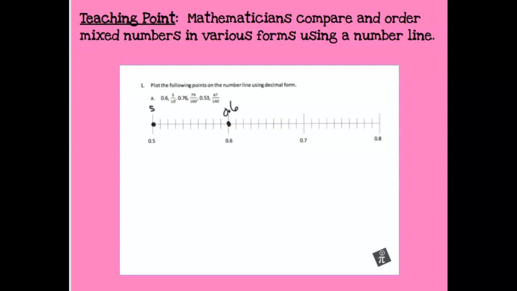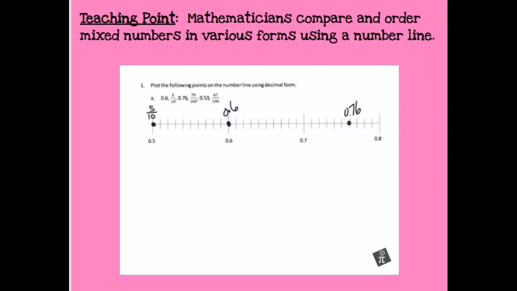And then 0.76, that's 7/10 plus 6/100, so that's going to be 1, 2, 3, 4, 5, 6 right there. So that's 0.76 right there. And that makes sense.